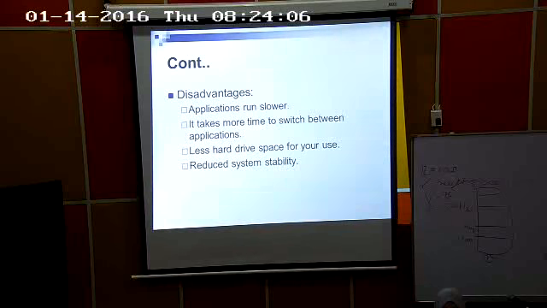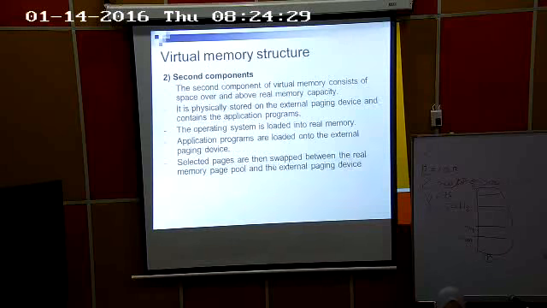Hard disk is secondary. It will use up your hard disk. Hard disk will become your virtual memory. That's why your hard disk space will be less. It is being used to help your RAM, your processor.